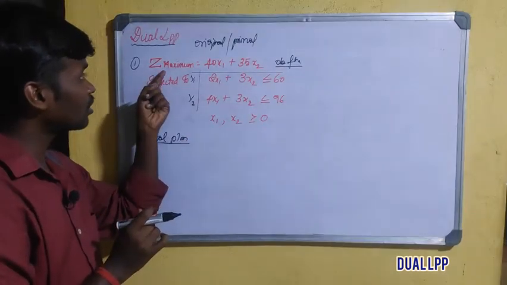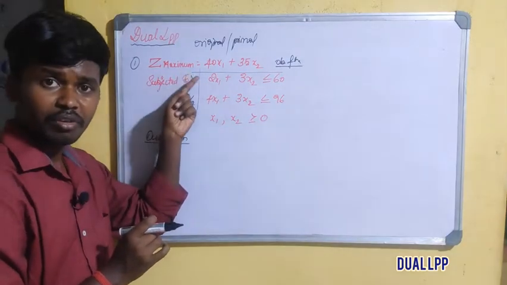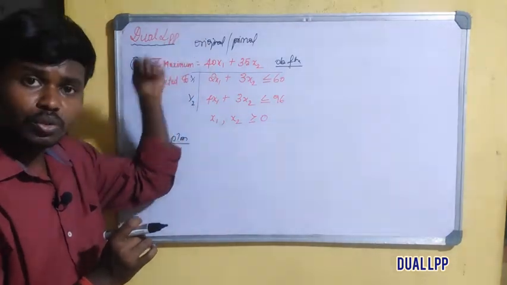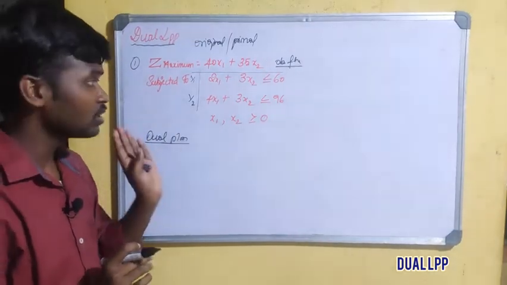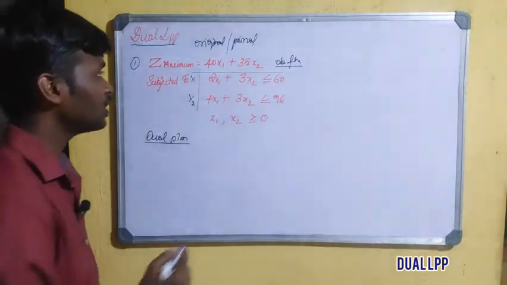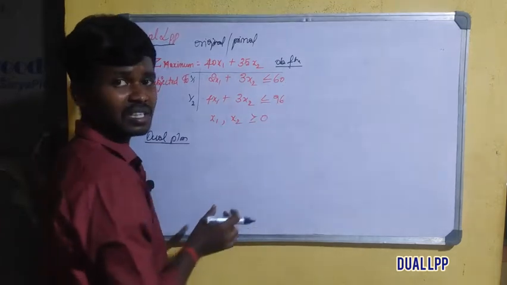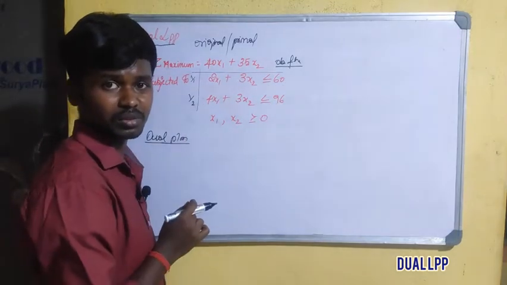In the problem they have given maximum; if we want to convert the primal into the dual, we have to use minimum. Just the opposite. One more thing to keep in mind: these are the constraints, the available resources.